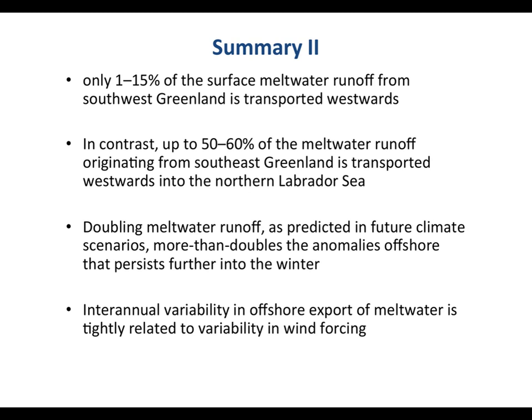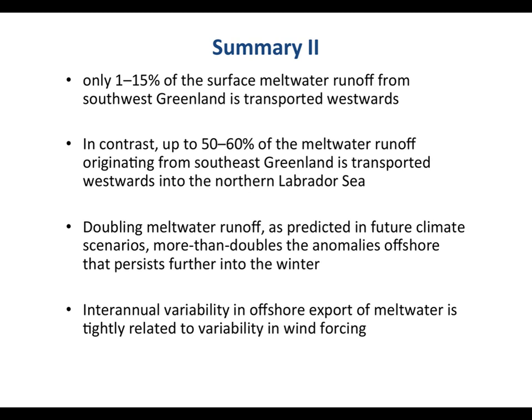If you double the meltwater, as predicted for future climate scenarios, you get more than double the anomaly transported offshore that persists into winter. And the interannual variability in such transport is strongly linked to the wind forcing.